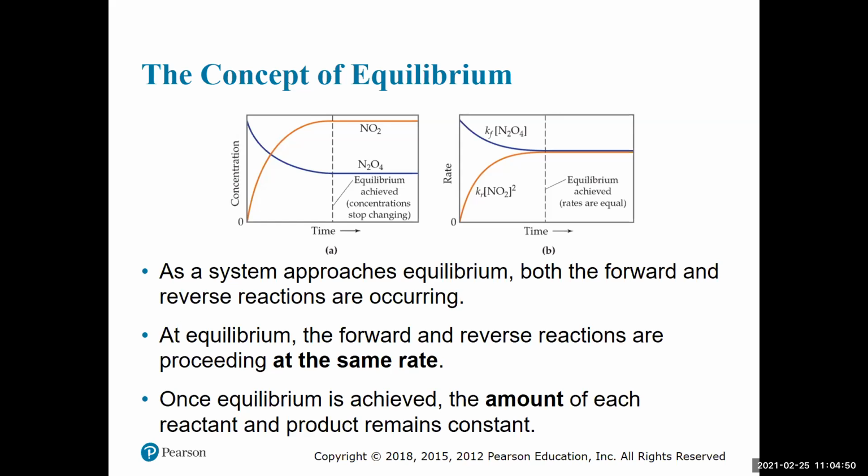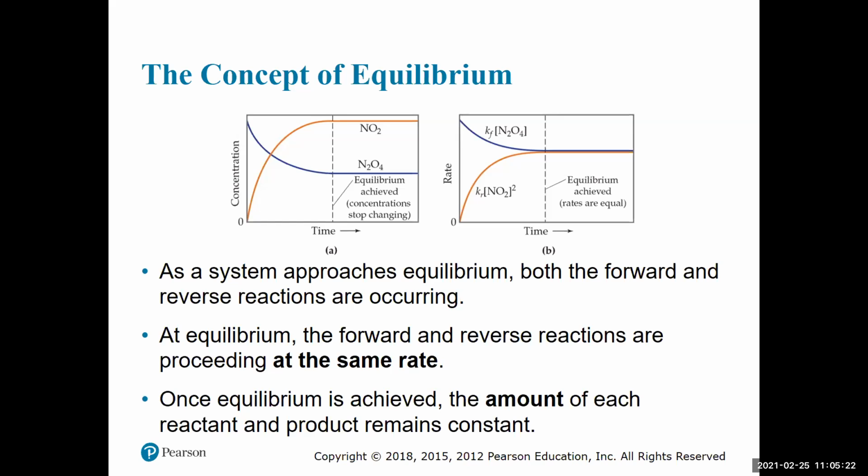And what we're seeing there is, in this particular example, we start with no NO2, so that's the kind of reddish line that you see going up. And we start with some concentration of N2O4. And what we see with time is the N2O4 concentration is decreasing, and the NO2 concentration is increasing. So obviously this reaction is N2O4 converting to NO2.